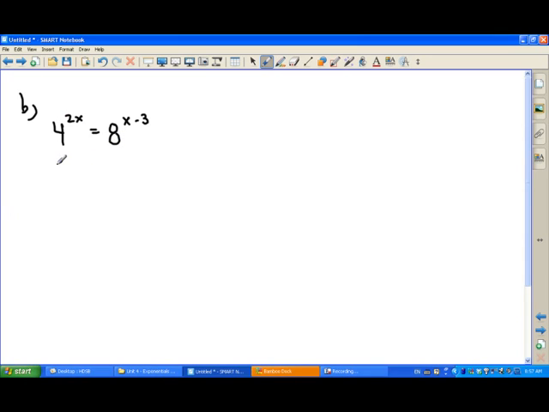But I do realize that 4 is the same as 2 squared, and 8 is the same as 2 to the power of 3. So now I have on both sides a power with a base of 2.